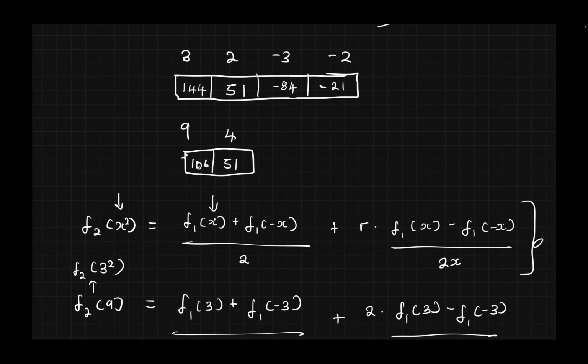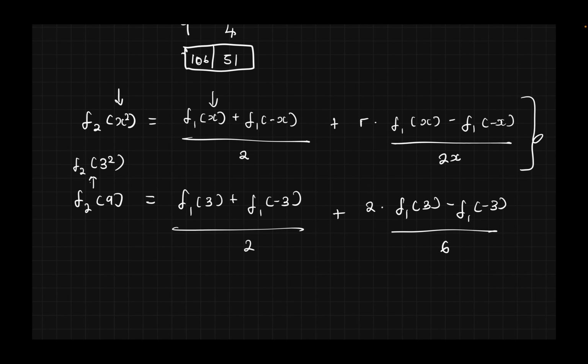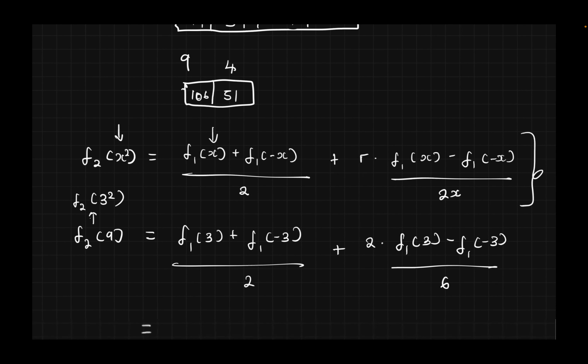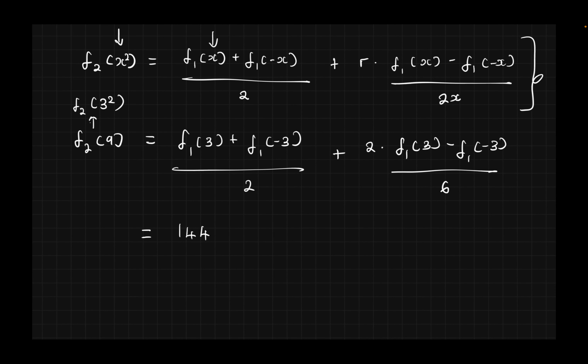Okay. So this is 2 times 3, right? That's 6. Make sense? Now what is F1 of 3? What is F1 of minus 3? I'm supposed to add them, right? Divided by 2.